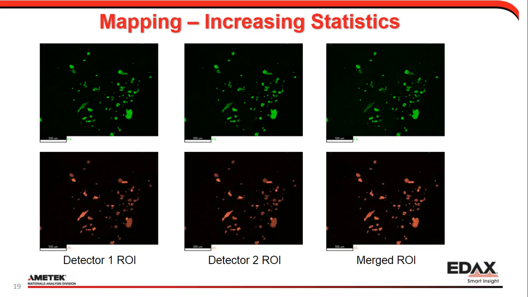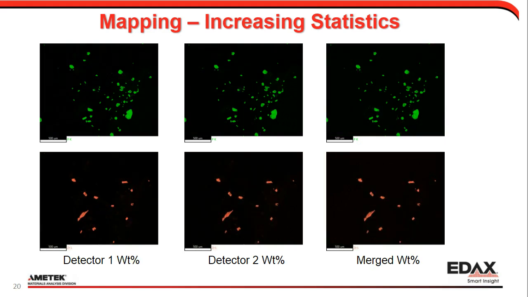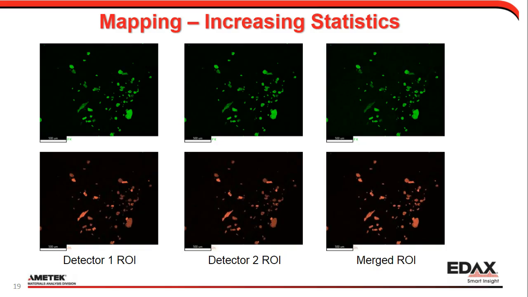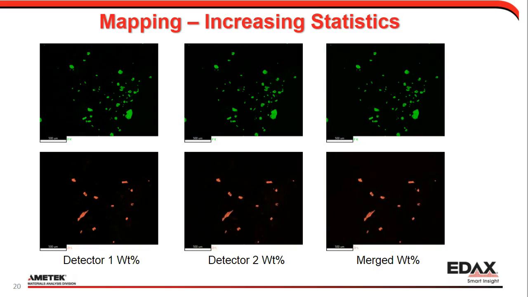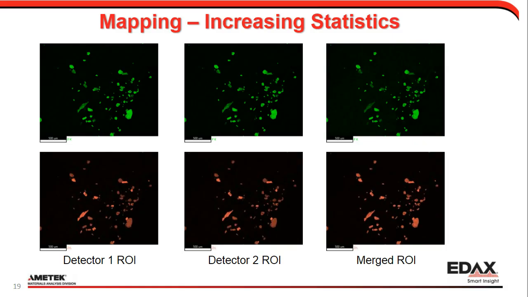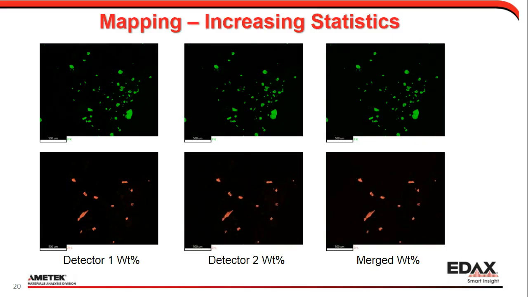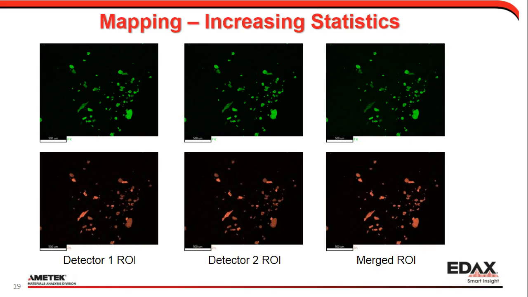However, if we go in and use these to do a rebuild, in this case a weight percent, I'm going to toggle back and forth a few times here, we can see that things change. We get the zircon and the phosphorus separated, so we pull out the different particles, and now we can see which ones are actually zircon and which ones are actually phosphorus.